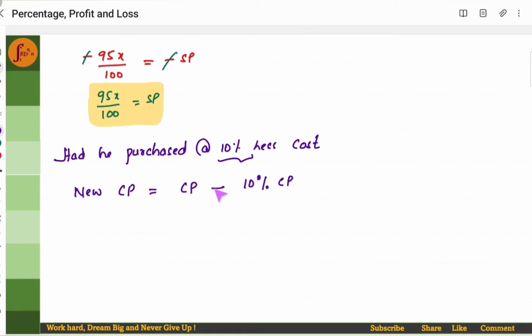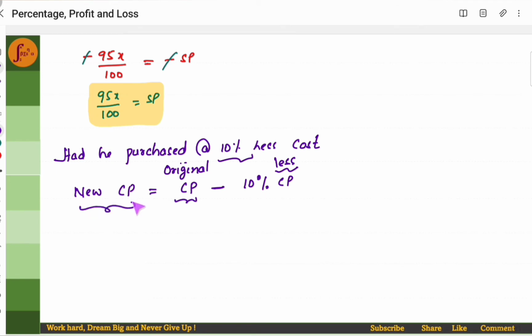Less indicates you have to subtract it from the original cost price. Had he, instead of buying it at this original cost price, bought it at a 10% lesser cost price, then he would have gained more.